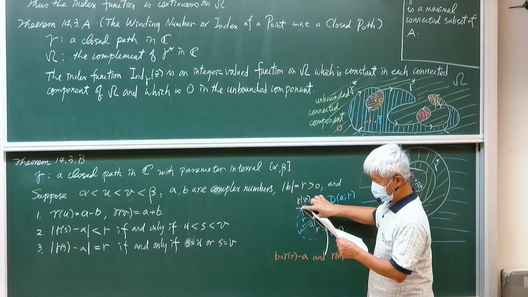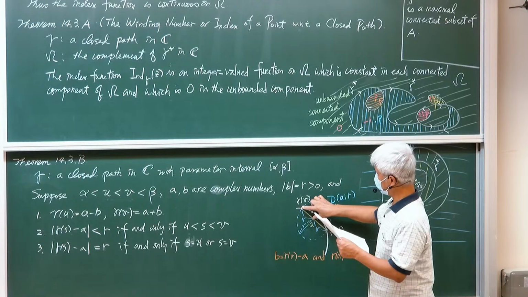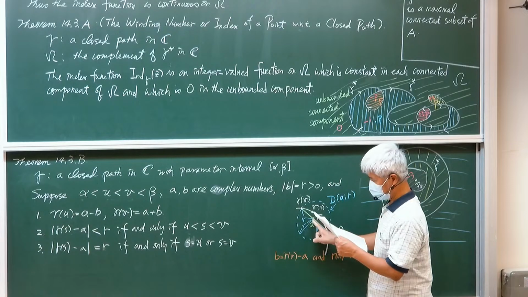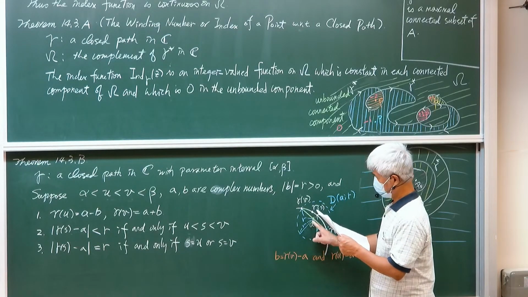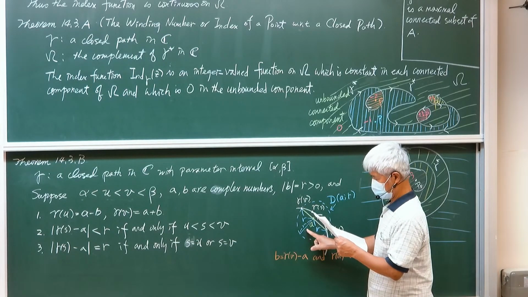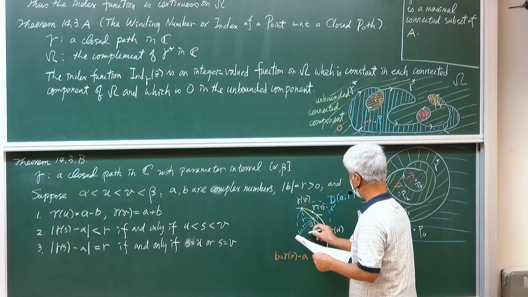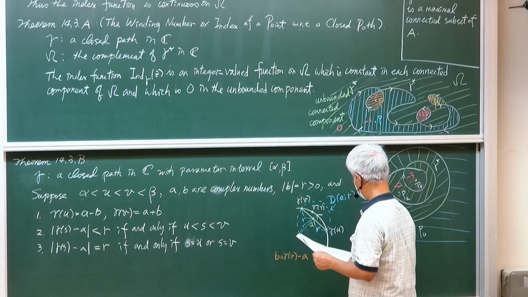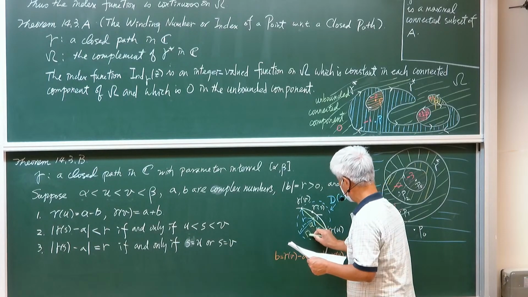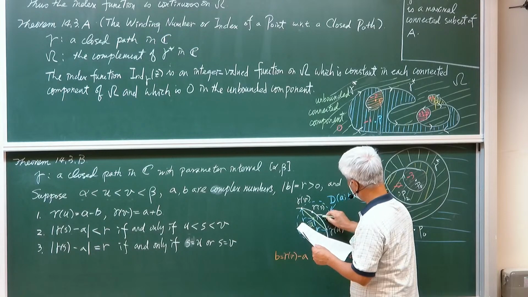And if we add 90 degrees, we go this way. So here will be D plus, and this part will be D minus.